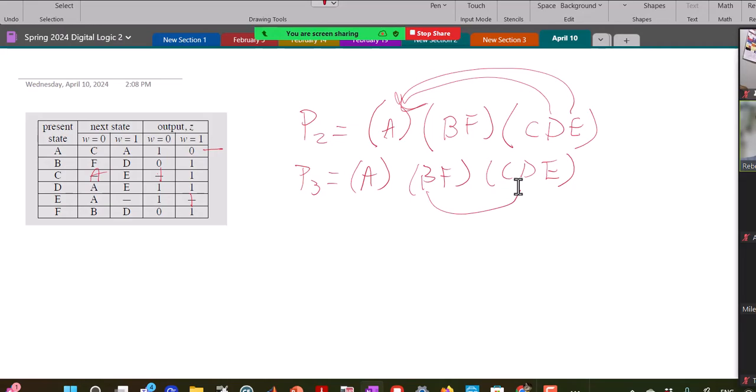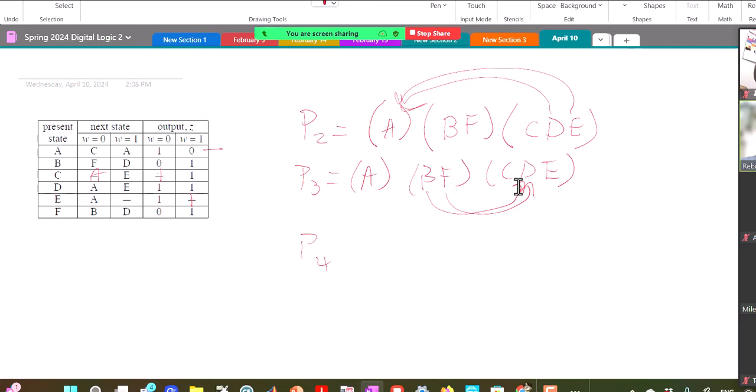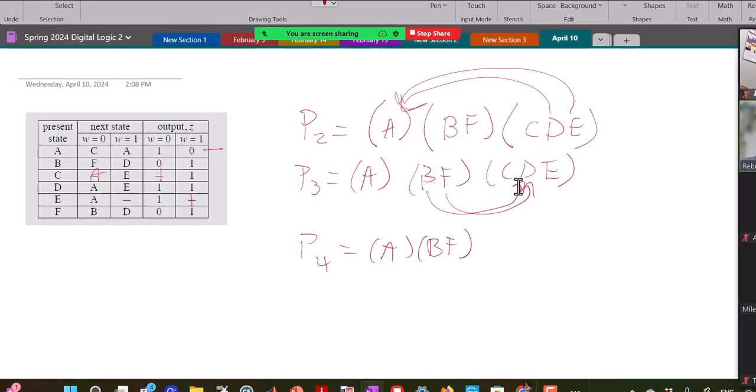B goes to D, and F also goes to D, so they'll stay together. C goes to E, D goes to E, and E we don't know, but how about we say E goes to E as well? And then those will stay together. Now we didn't make any change since we found the 0 successors, so I don't have to go back and check it. I already know they have the correct 0 successors.